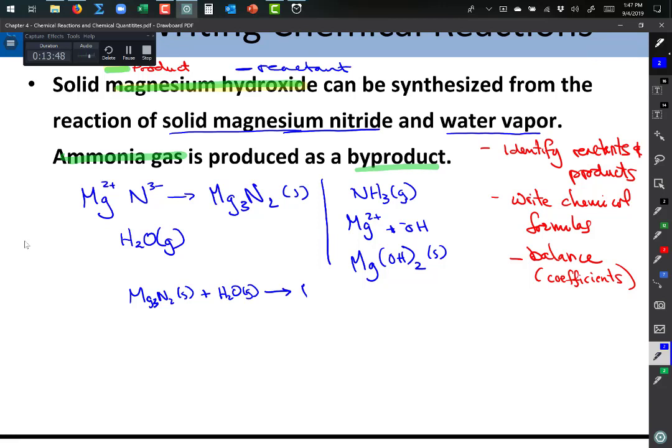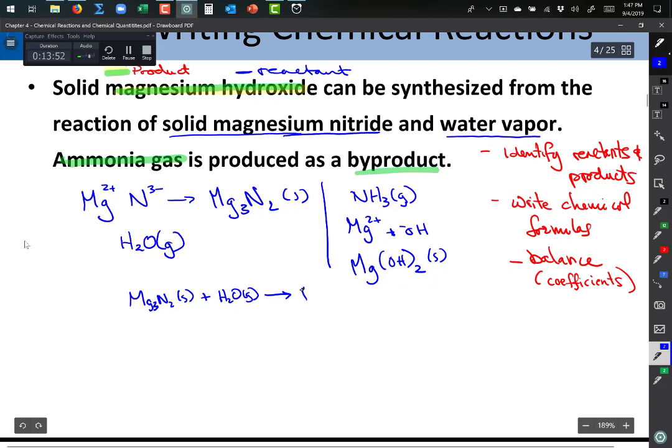No? Magnesium hydroxide, Mg(OH)2. And that's a solid plus NH3. And that'll be gas.